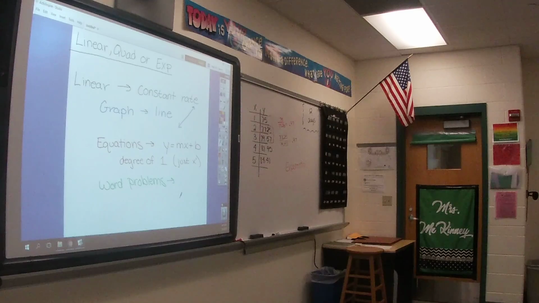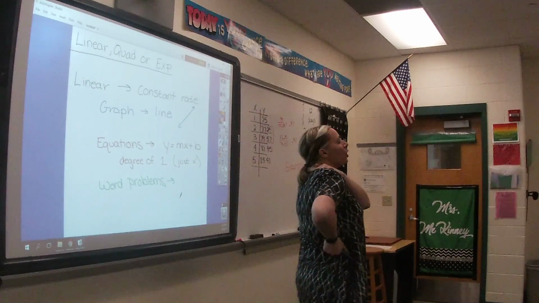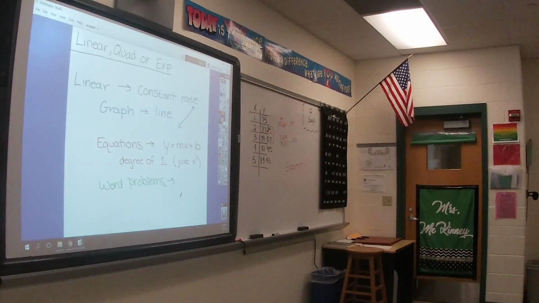For example, I'm trying to decide if I want to go with Sprint or Verizon. Sprint is going to charge me an extra $2 one month, an extra $17 another month, $24 one month, then I'm going to save some money the next month.